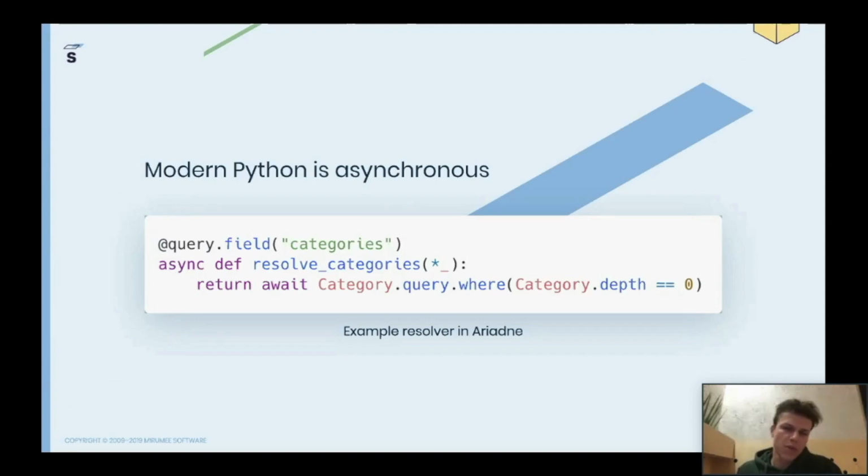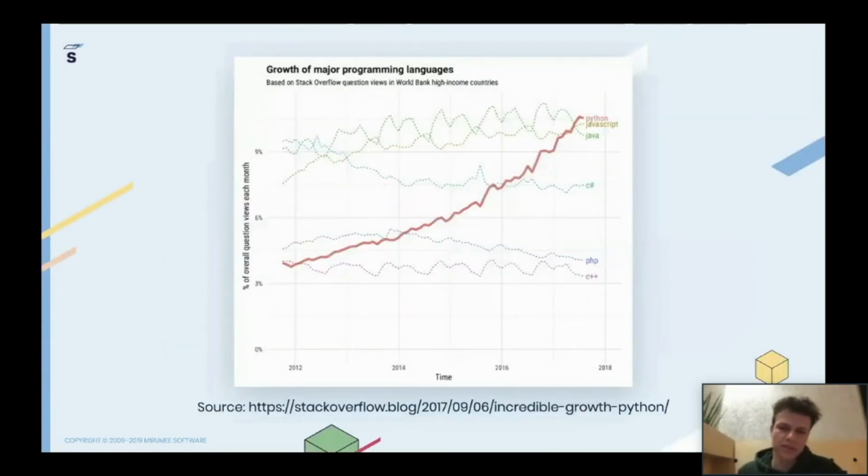We believe that Python is growing, and there is proof that Python is growing, because that's how it looks compared to other languages. Because of data science and machine learning, where Python is very popular, and also web development, Python is growing really strong nowadays. This makes us believe that it's really worth investing time in developing solutions for GraphQL in Python.